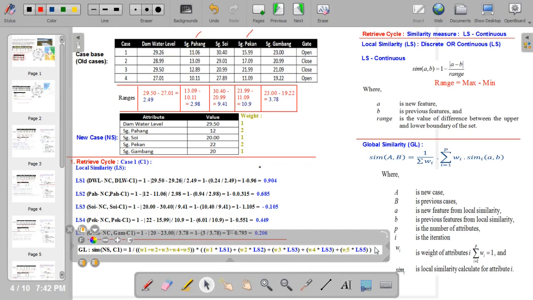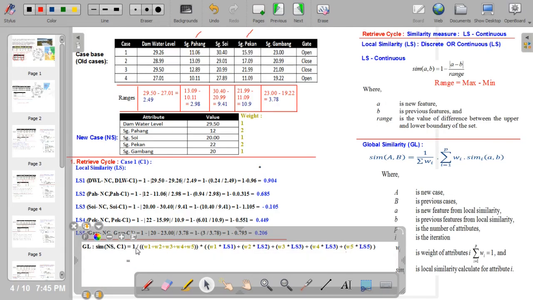We have to do that for all attributes. Since in our case study we have only 5 attributes, 1, 2, 3, 4, 5, same as the new case, 1, 2, 3, 4, 5. So now let us see how we are going to execute this. So 1 divided by the summation of the weights, right?